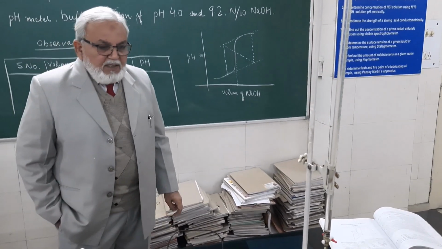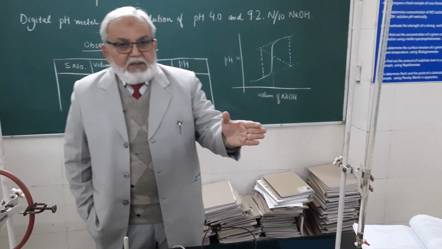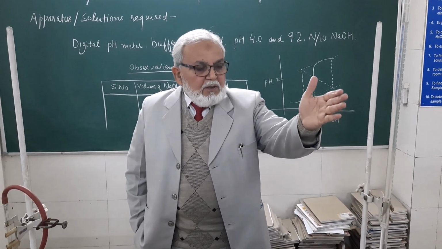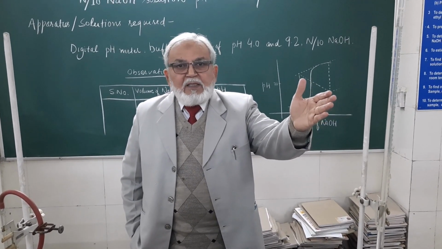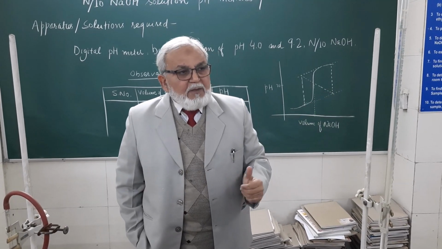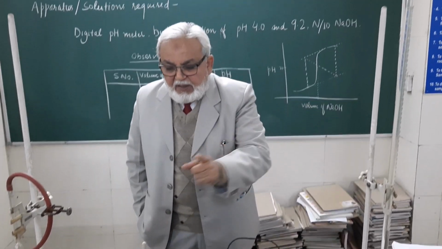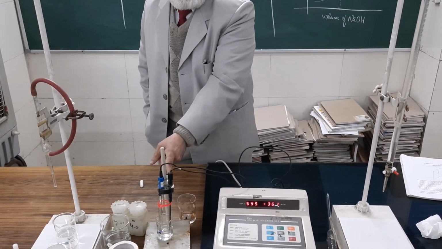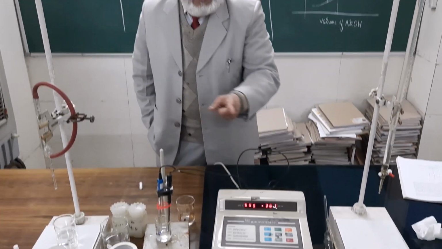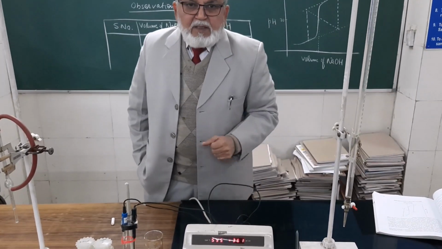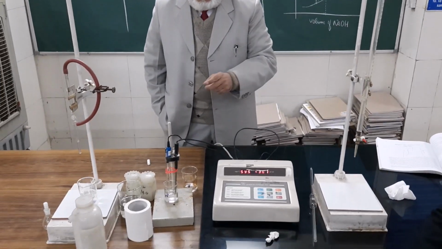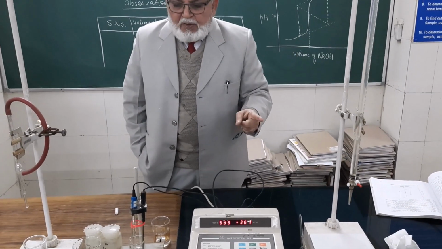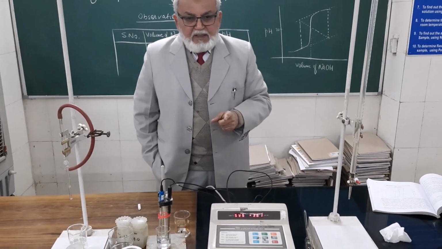Now in this titration, we keep adding our known NaOH solution of N/10 normality from the burette into this unknown HCl solution, and we keep reading the pH after each addition from the burette. So we start the titration.